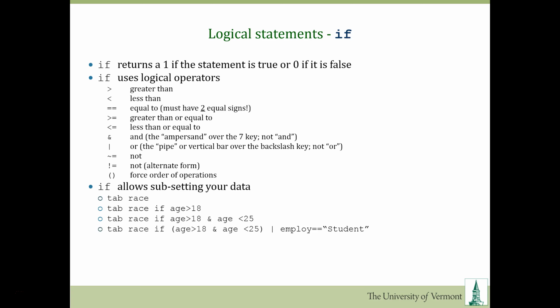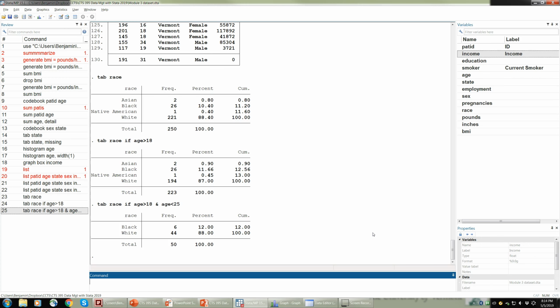It can get arbitrarily more complicated. We could do tab if their age is greater than this and less than that, or forget about their age, maybe they're a student. So what we're looking for perhaps are people who are student age or actually students. So let's try that one.